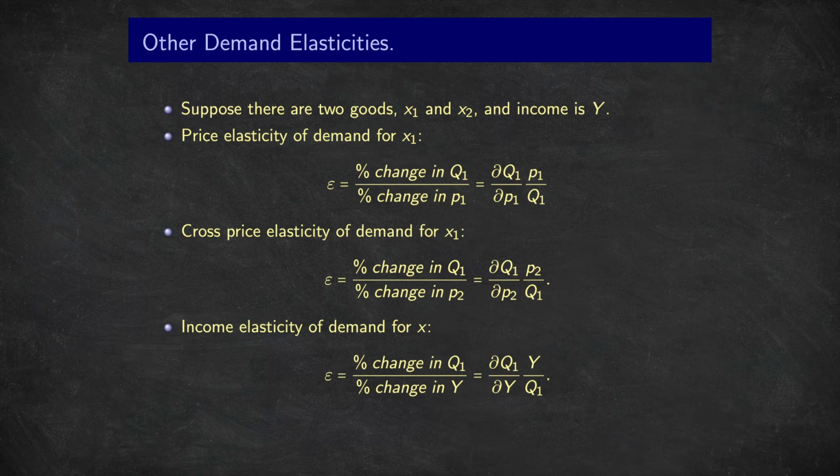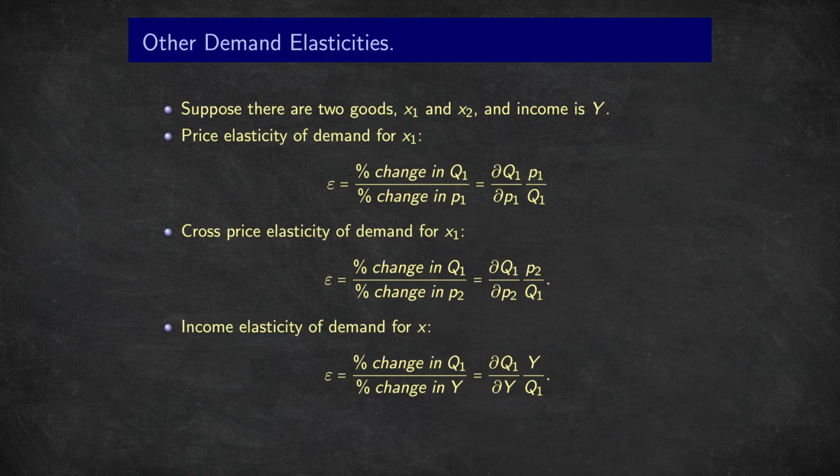Formally, this cross-price elasticity would be the partial derivative of the demand for good 1 with respect to the price of good 2, multiplied by the price of good 2 divided by the demand for good 1.